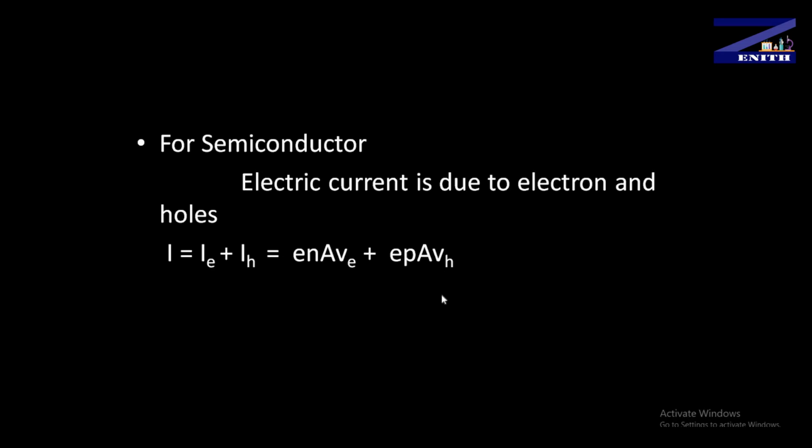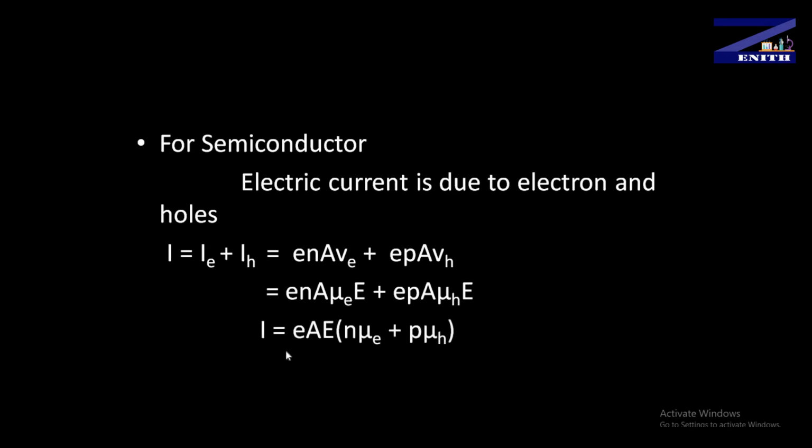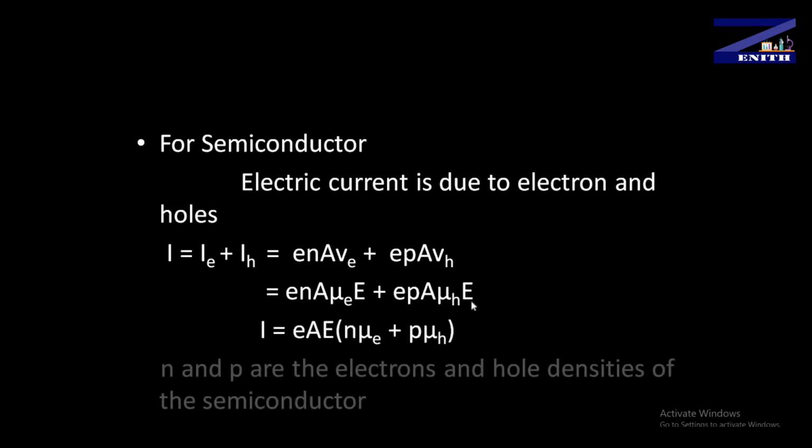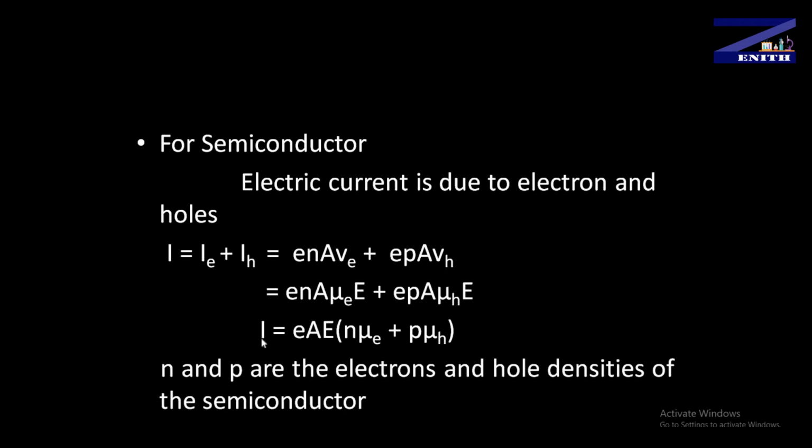Now on putting the values of Ve and Vh, we get the final formula. I think it's clear now. So this is the electric current in a semiconductor, which is due to the electrons and the holes.